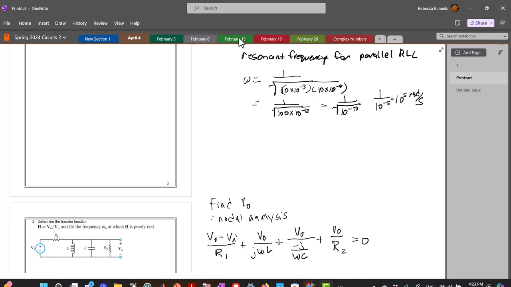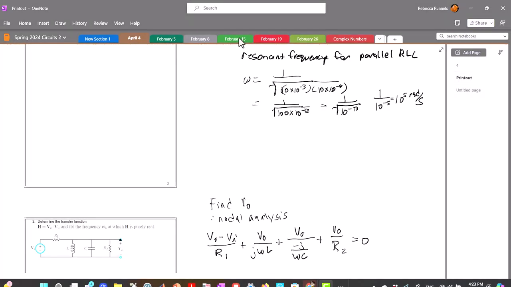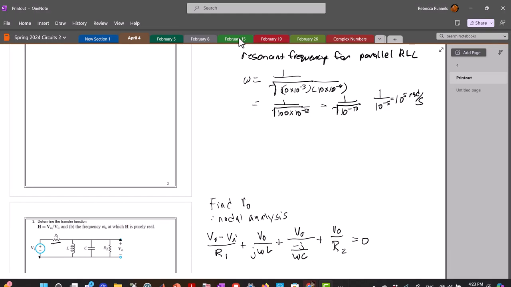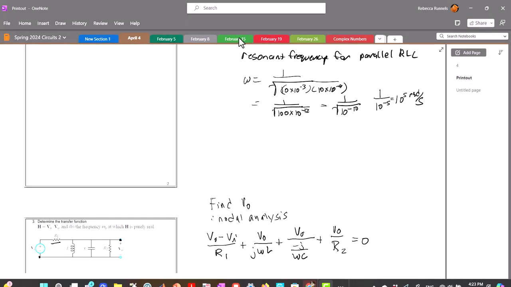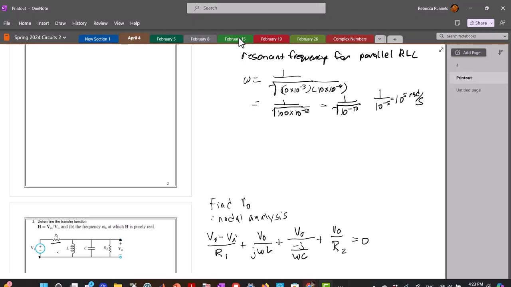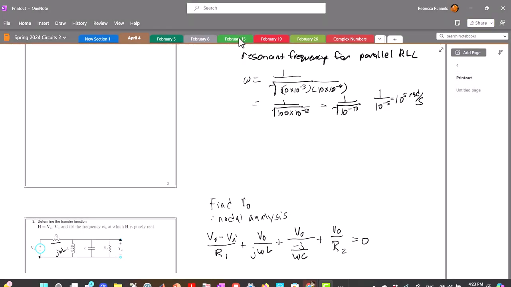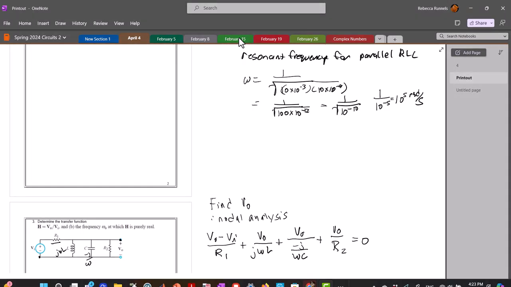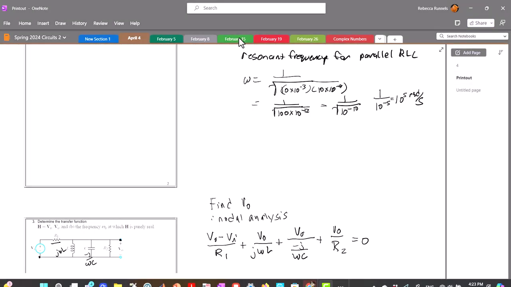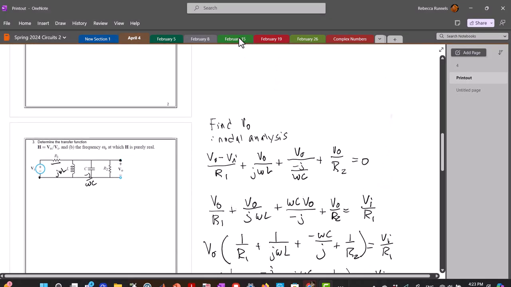So we'll do nodal analysis here at Vo. Vo minus Vi over R1 is our first term, and then the j omega L, minus j over omega C, and R2. So Vo over j omega L, Vo over minus j over omega C, and Vo over R2 equals 0.